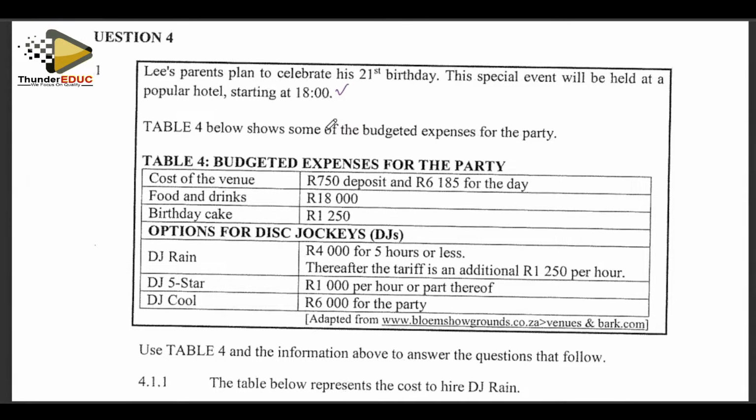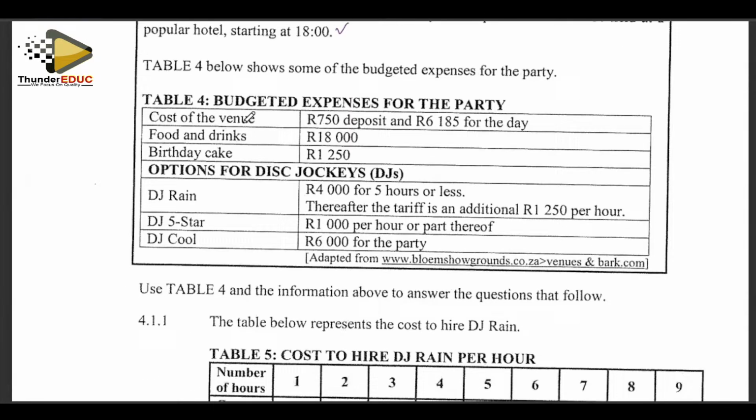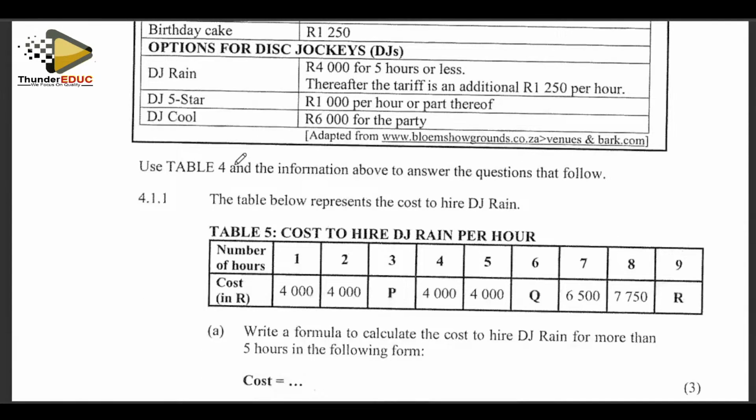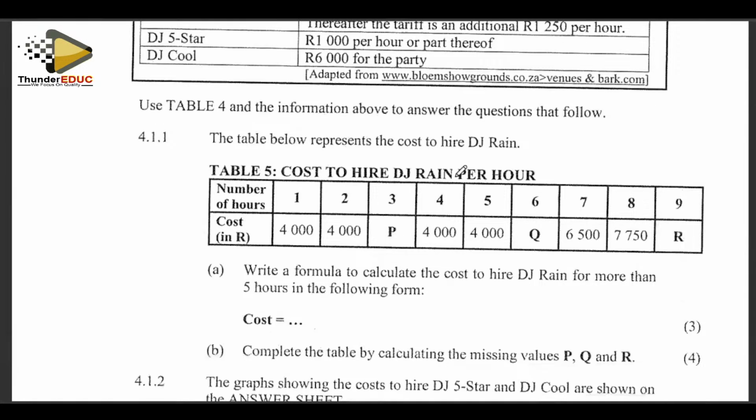Table 4, budgeted expenses for the party, has the cost of the venue, food and drinks, birthday cake, then options for the DJ: DJ Rain, DJ 5 Star, and DJ Cool. Use Table 4 and the information above to answer the questions that follow.